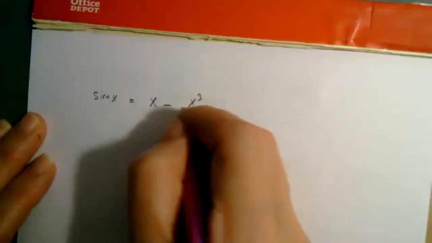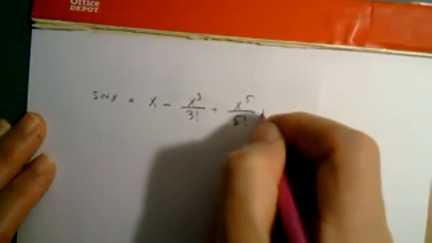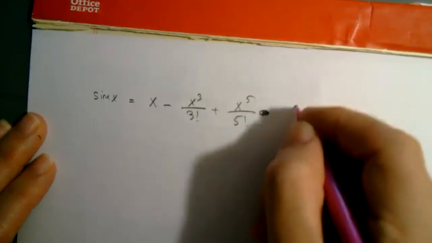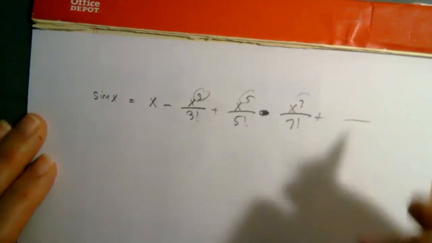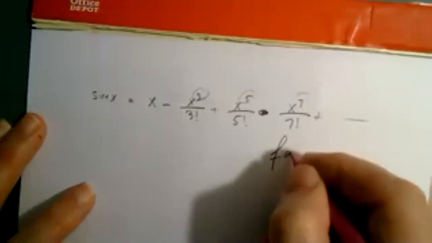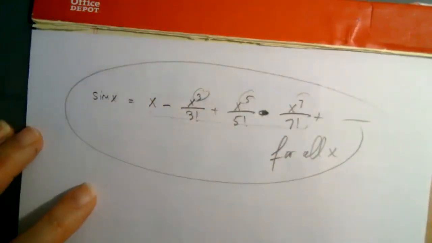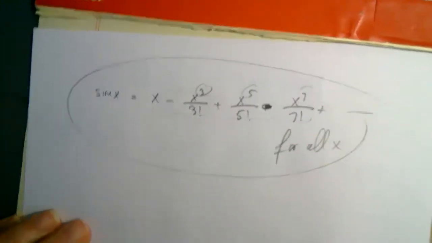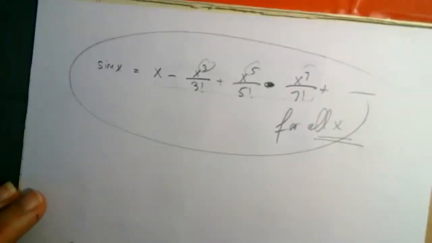This tells me that sine x is actually nothing more than the sum of terms that looks like this. So it only involves the odd power. And this works for all x. It means that if I take this series and find the values of x where this series converges, I realize it's going to converge for every possible value of x.